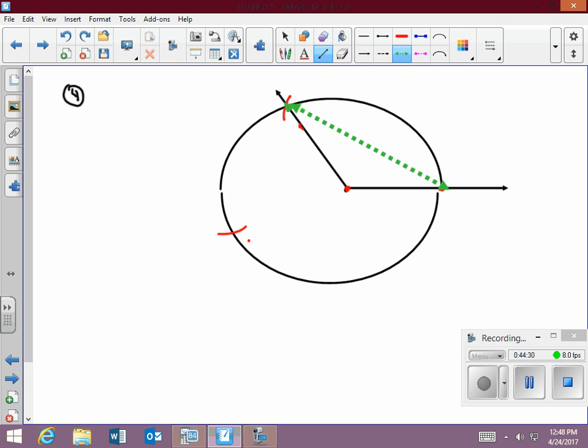That doesn't even look good, but what we've constructed then is that these two are congruent. That shows you double the angle measure.